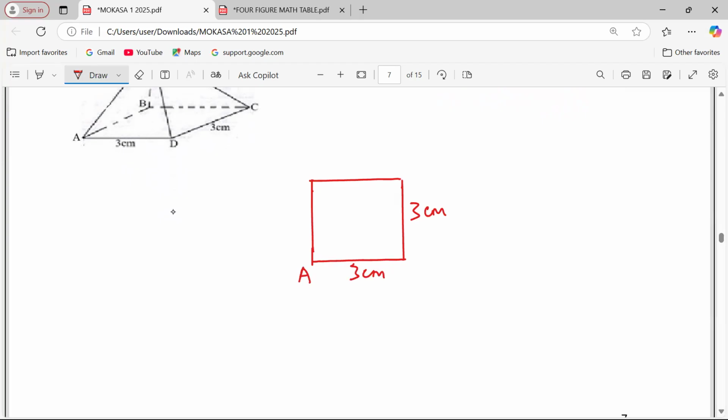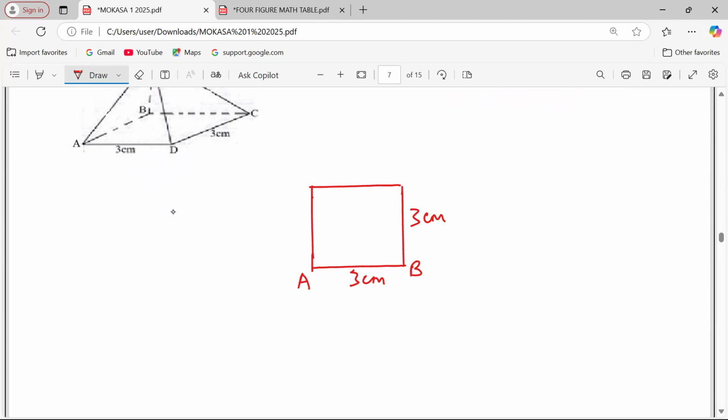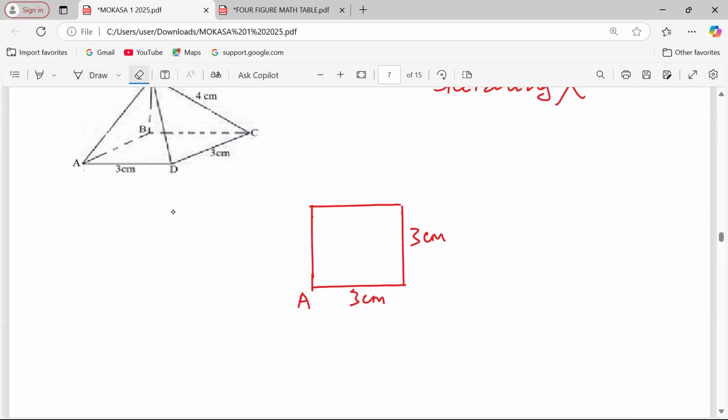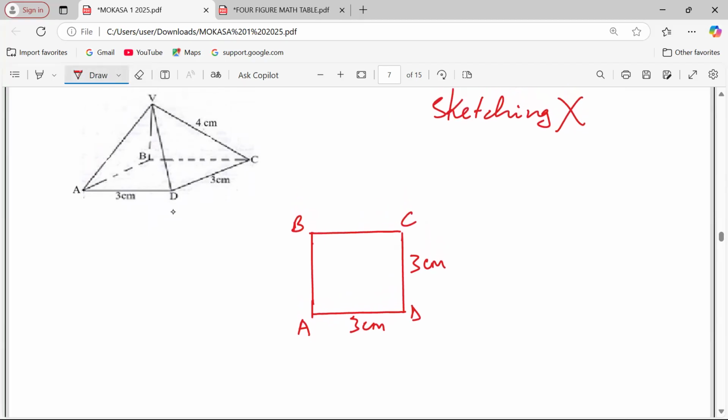This is A, B. According to the solid, after A, B is on this side, C, D. Then after that, now we have the triangular faces, which we have to open them here, whereby we need to measure a length of 4 centimeters. Then standing at D, using 4 centimeters, we stand at C, using the same 4 centimeters. And we connect.